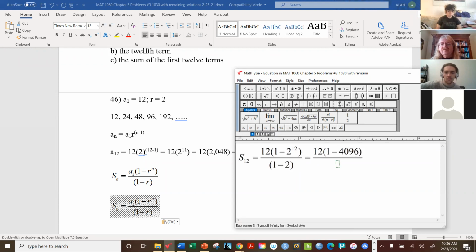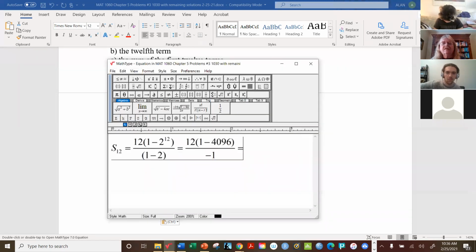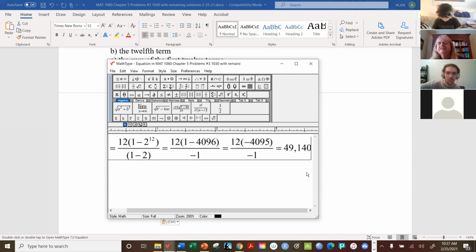All of that is divided by negative 1. So this one is now the same thing as 12 times negative 4095 all over negative 1. So the negatives drop out. And when you're done, you'll end up with 49,140.